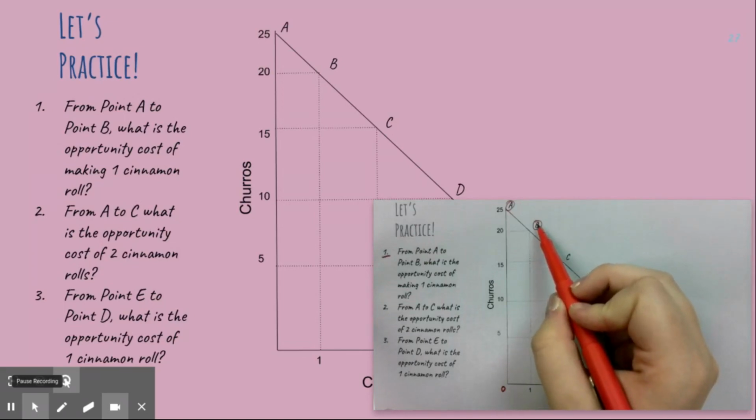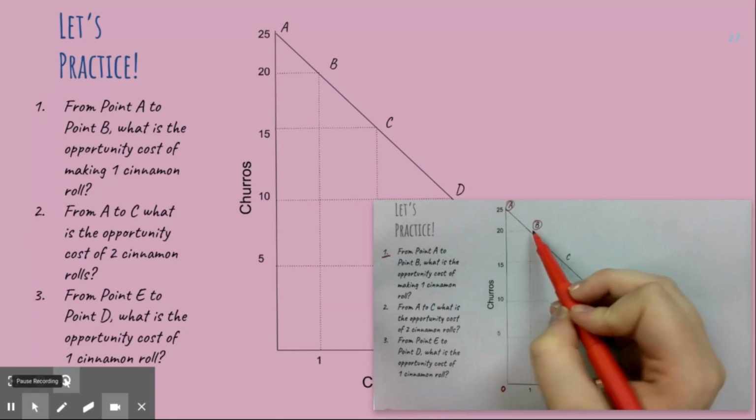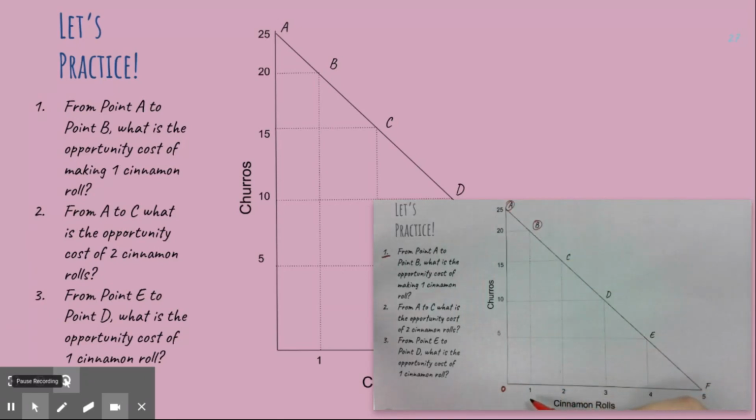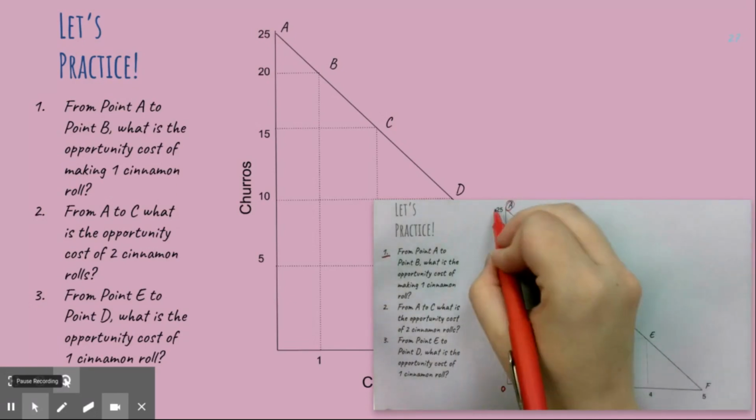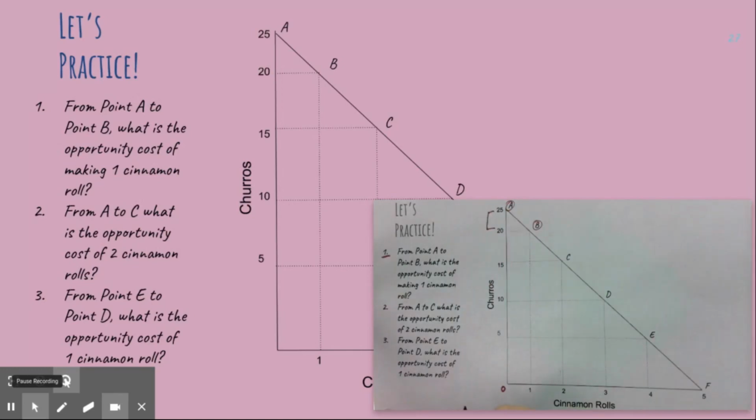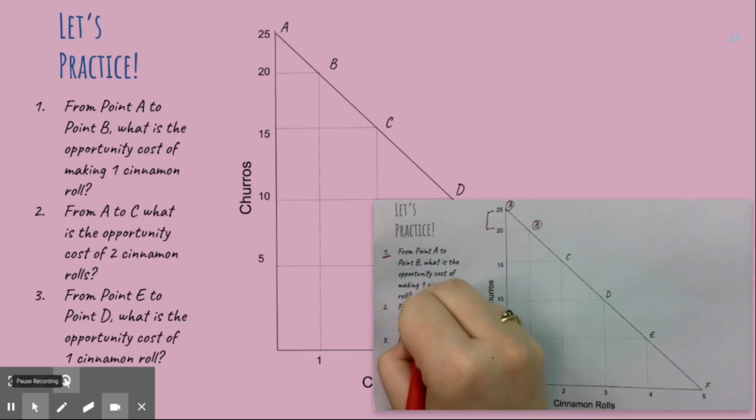So at point B, if I move from A to B, then I'm now making 20 churros and, following the line, 1 cinnamon roll. So what's the opportunity cost of that 1 cinnamon roll? If I make 1 cinnamon roll, how many churros am I losing? Let's go and see. From point A to point B, 25 minus 20 is 5 churros.